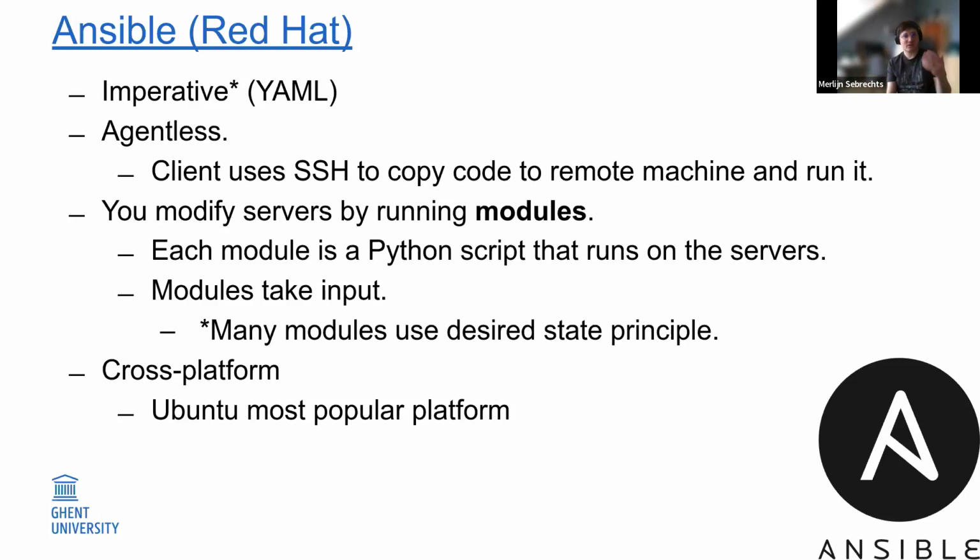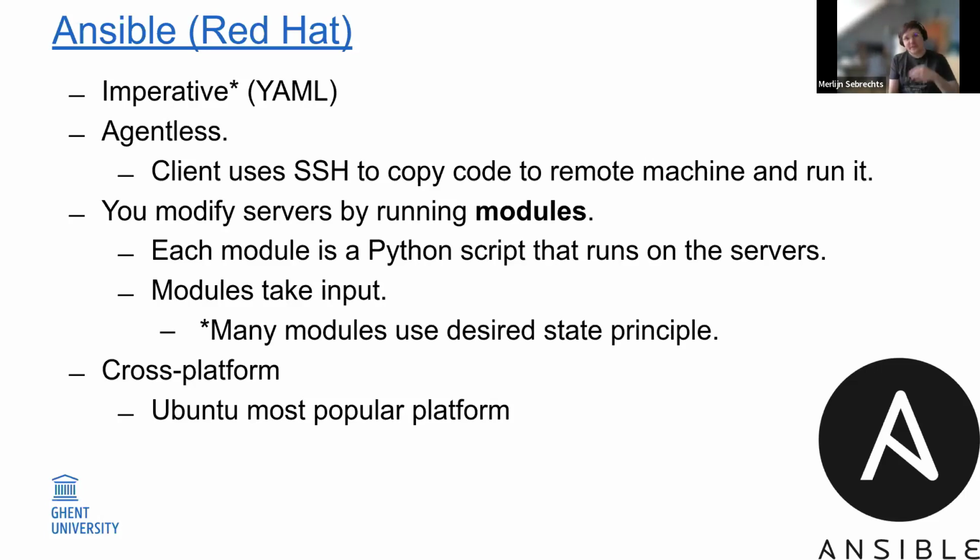You're basically using Ansible to modify servers by executing modules. Each module is a Python script that runs on servers and changes the configuration of that server, and modules take certain input. And this is where Ansible becomes declarative, because many modules use a desired state principle.